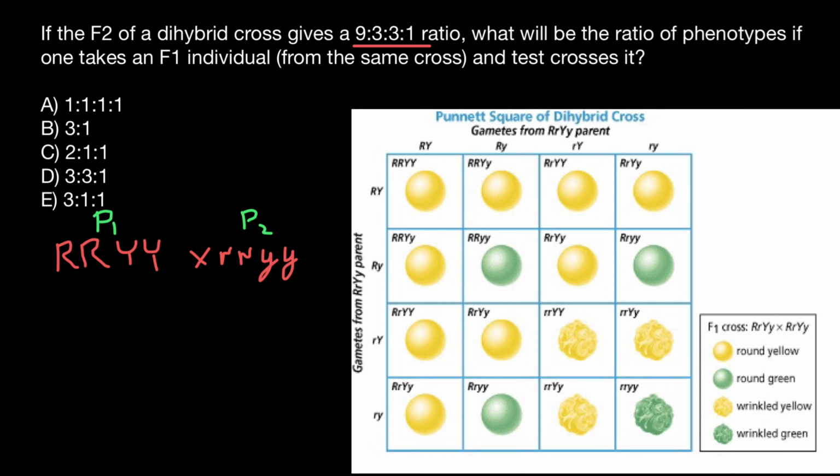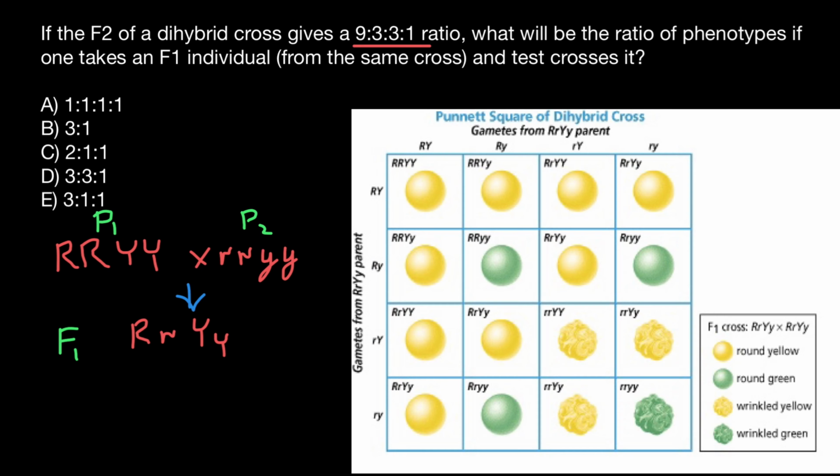And this is how we get the F1 generation, which is going to be of the same phenotype. All F1 generation are going to be capital R, small r, and capital Y, small y. As you see in the F1 generation, no other genotypes are possible.